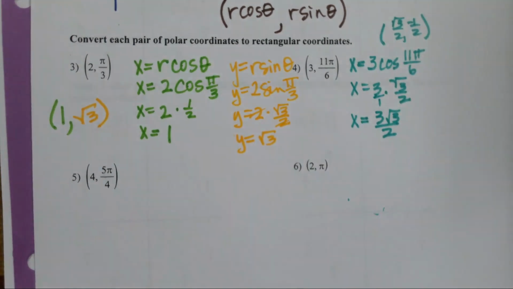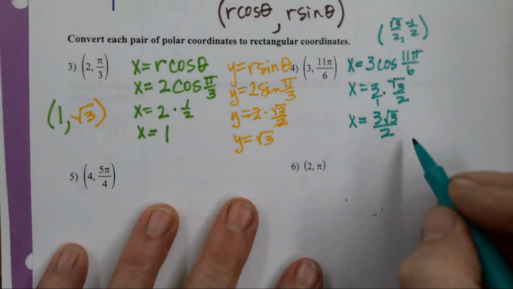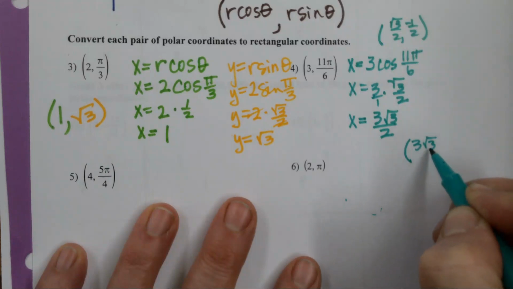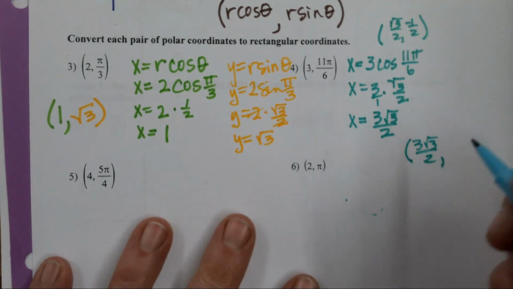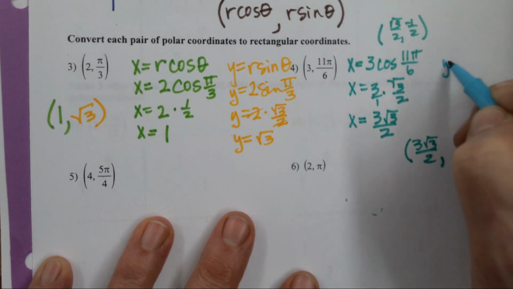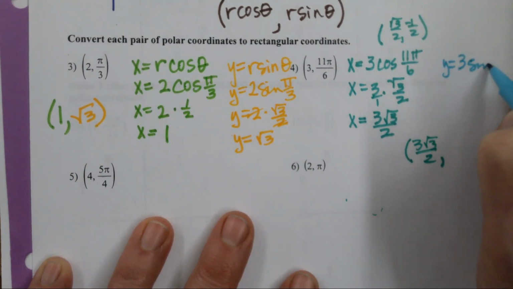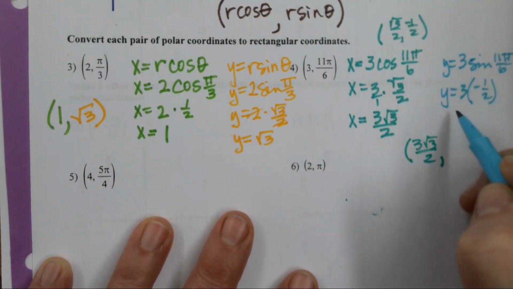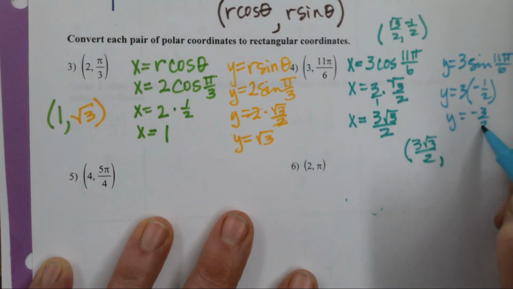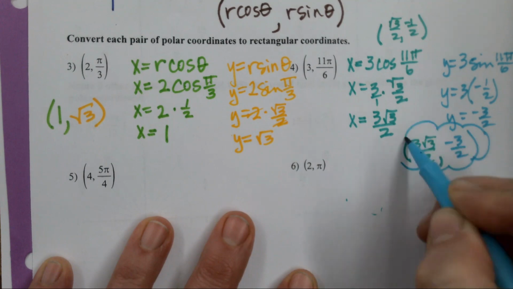So I've got my x-coordinate, 3 times the square root of 3 over 2, and I'll go through and do the same process to find my y. y is 3 sine 11 pi over 6. So that is 3 times negative 1/2, or negative 3/2. Done with my point.